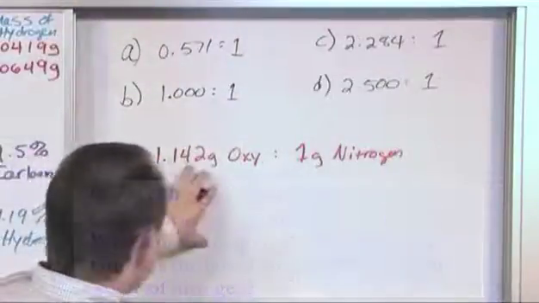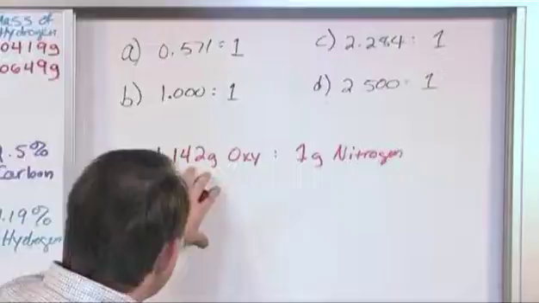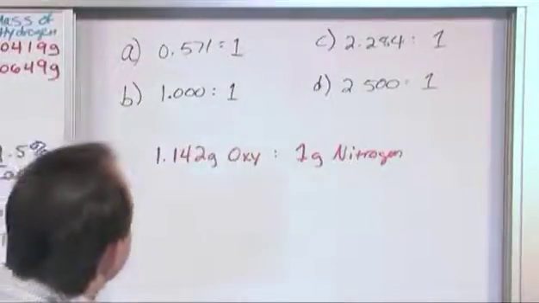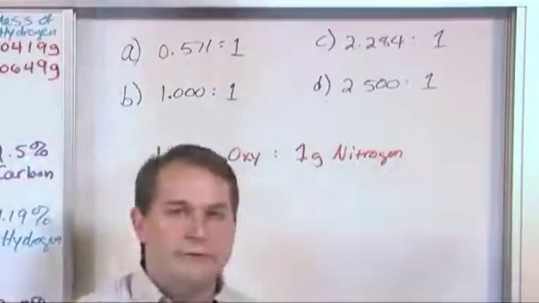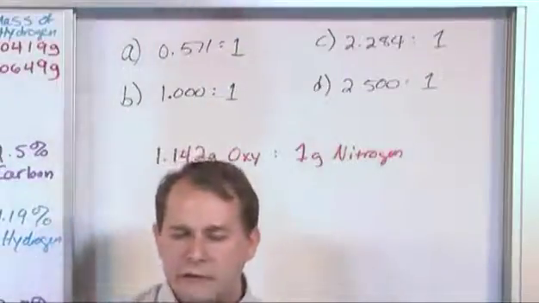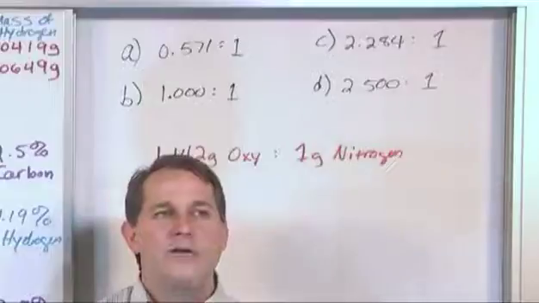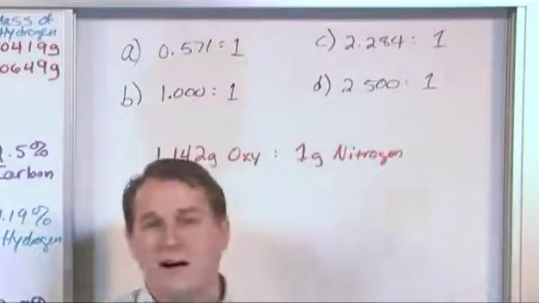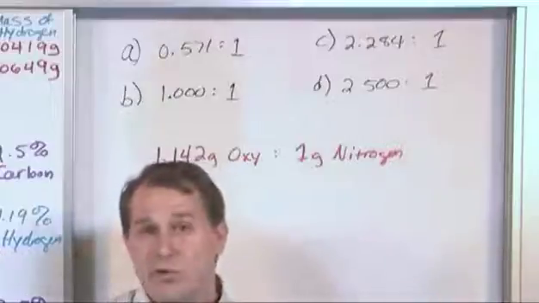So for every 1.142 grams of oxygen, this is how much nitrogen is present in the molecule. And so what we're trying to do is predict for other oxides of nitrogen. You've got to really understand what that means. That means other chemical compounds that involve nitrogen and oxygen, but maybe not in the same ratio.